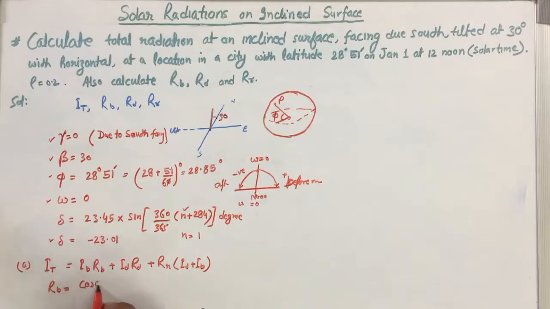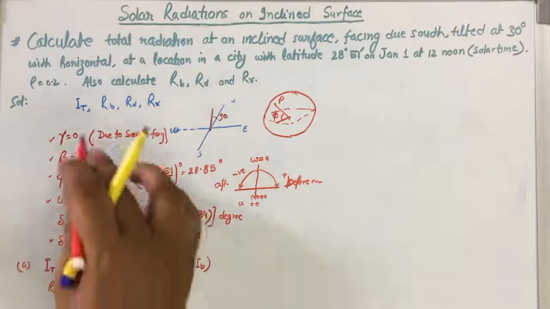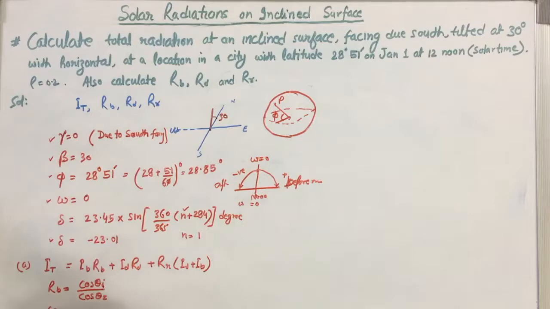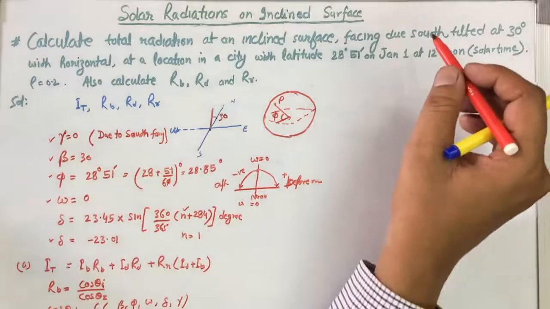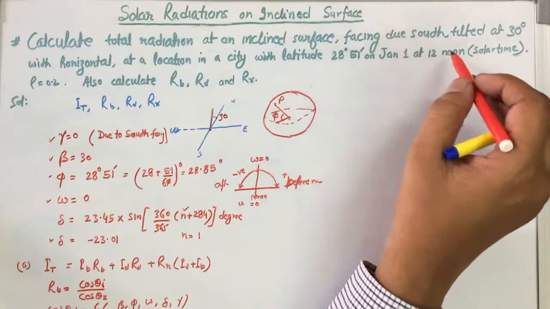It is cos theta I by cos theta Z, just we have derived in the last turn, incident angle and zenith angle. For any of this information of these angles, we can find cos theta I. I'm not going to put the value, and we know it is a function of beta, phi, hour angle, declination angle and facing. So we know all the parameters for that location at any particular day, at any particular time.